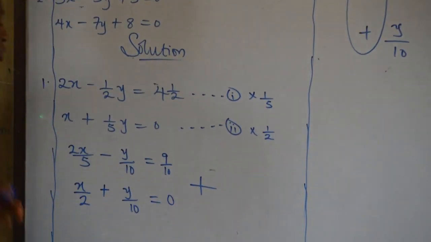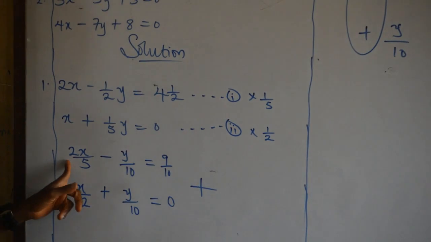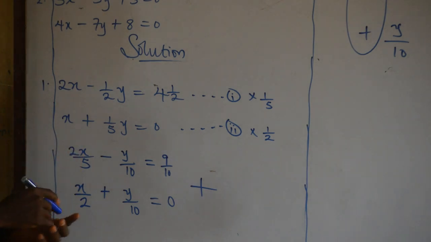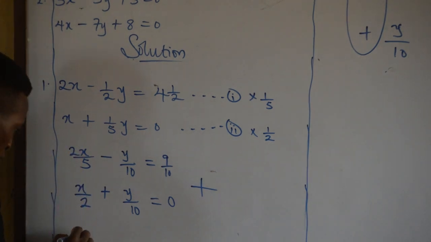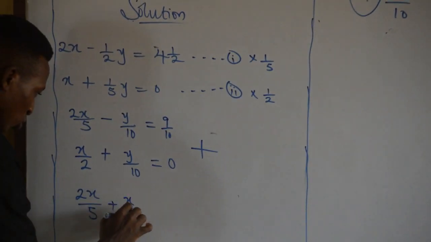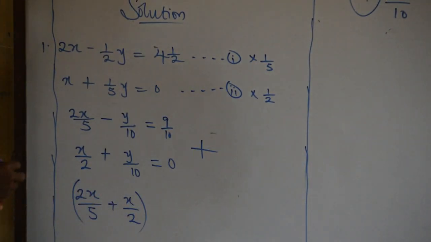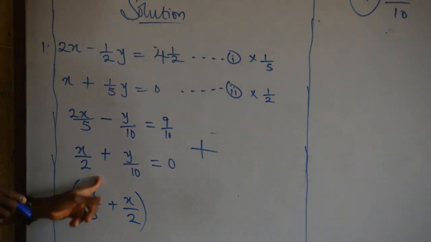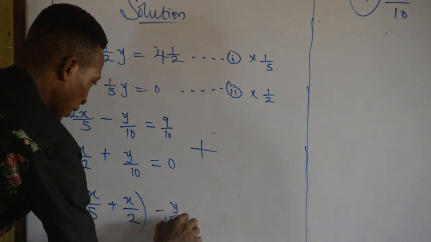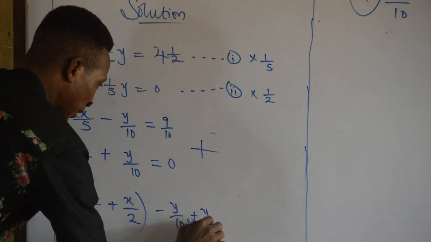So if I'm adding both of them together, I'm going to start with the variable of the x. I will add the x in equation 1 to the x in equation 2. So that becomes 2x over 5 plus x over 2. So that's the variable for x. Now taking the variable for y now, we have minus y over 10 plus y over 10.